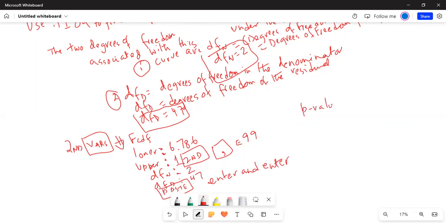The p-value comes out equal to 0.0026. Compare that with alpha equal to 0.05. P is less than alpha. Decision: reject H0.